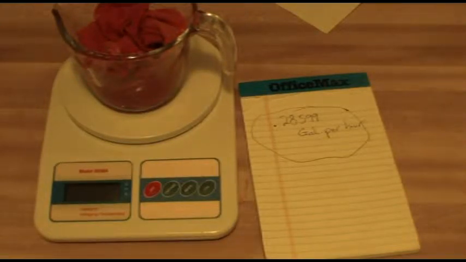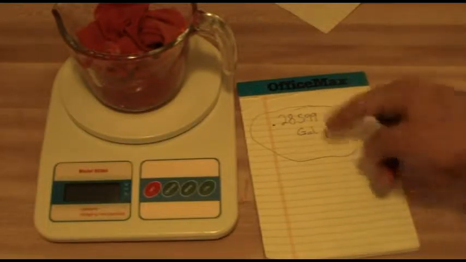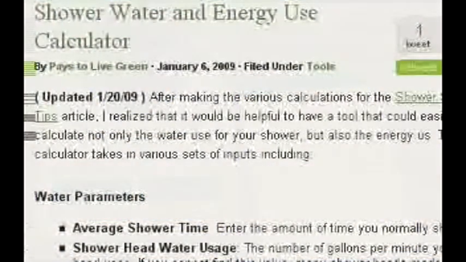I'm going to be introducing an online calculator for figuring out costs, particularly for a shower, and we're going to shoehorn these into that calculator. It's really very nice, and we'll get with that in a second. So this is the shower water and energy use calculator from the PaysToLiveGreen.com site/blog, which I've spoken about a little bit here.